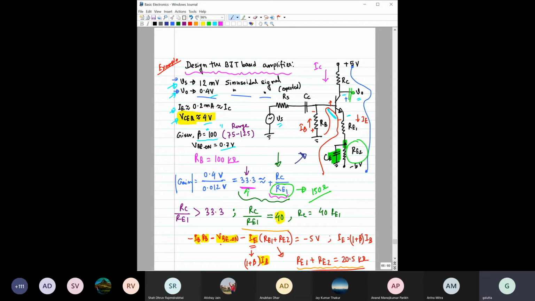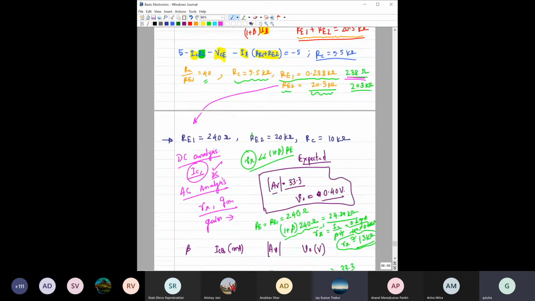This is quite a simple problem, but things can become much more complicated. If I also say that the input resistance would be this much and the output resistance this much, then the things would be much more complicated. But if it is only in terms of gain, then the analysis is not that complex, right?